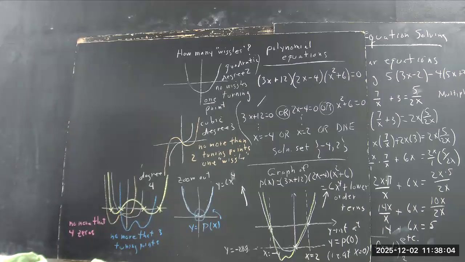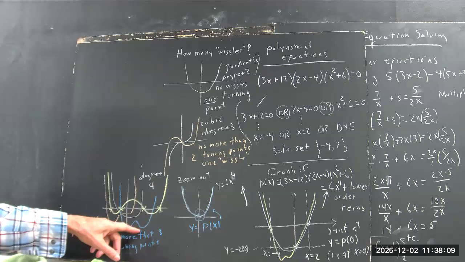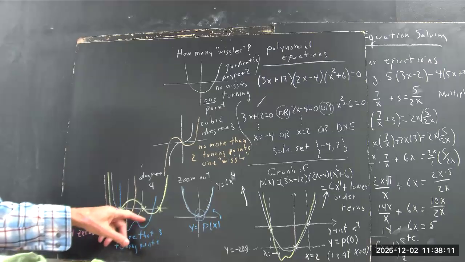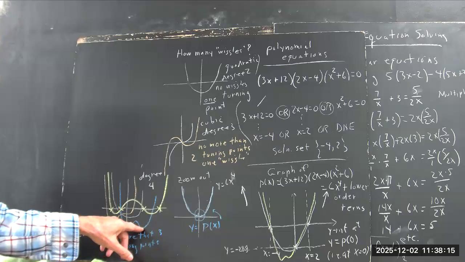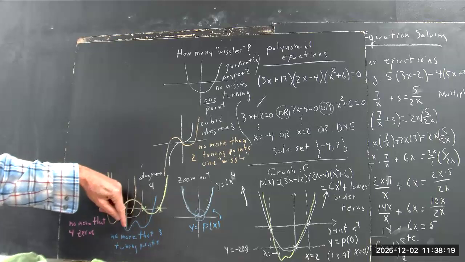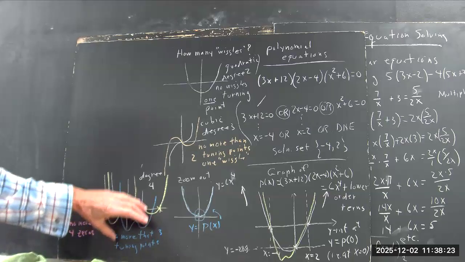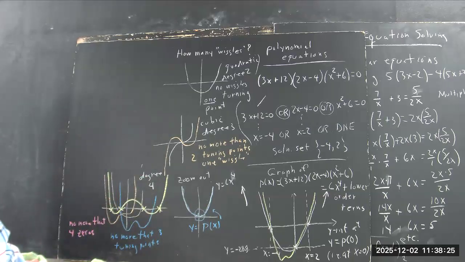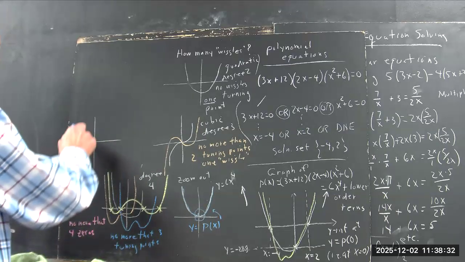We could have 3 zeros. You know, notice how on the blue graph, this relative minimum, this low point, is a little higher than this low point, right? I could pull this graph up on another picture. I could pull that blue graph up like so.